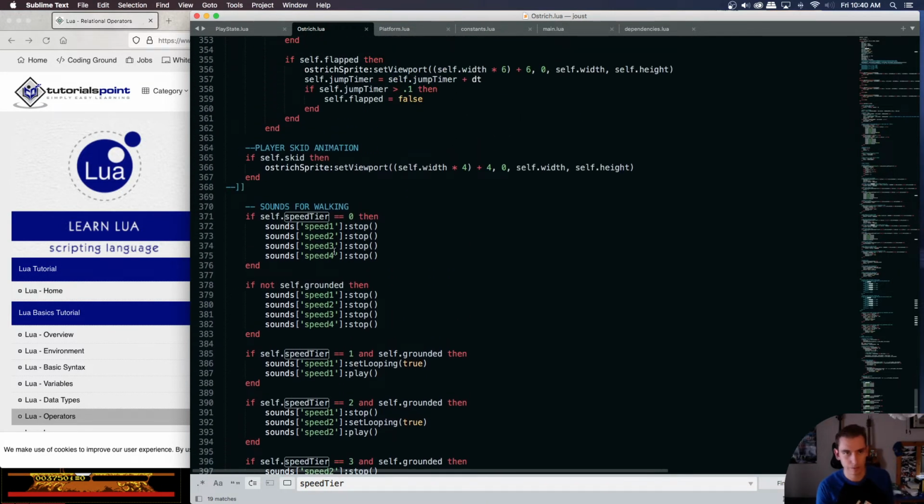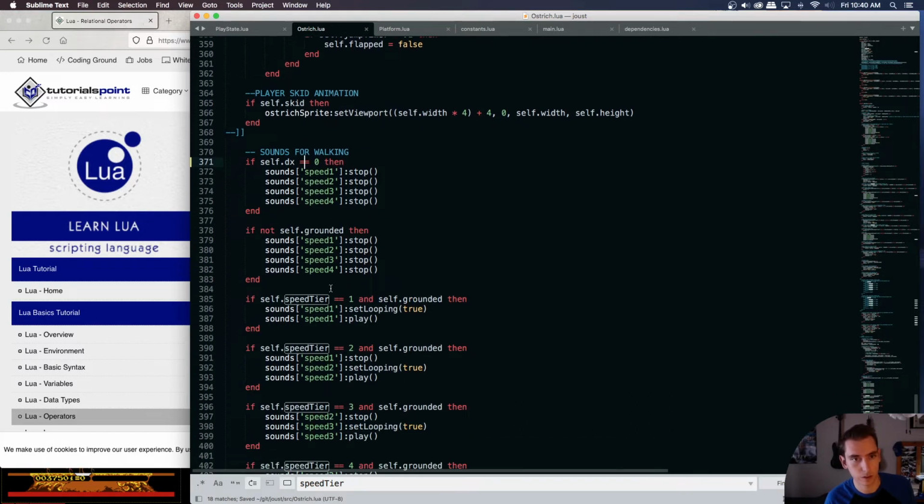This is not so fun, but it's got to be done. We're saying if our dx... this is tricky too, because now that we don't have speedTier, we need to check what speed we're moving at. So maybe we say if dx is 0, do the stops. That's pretty self-explanatory.